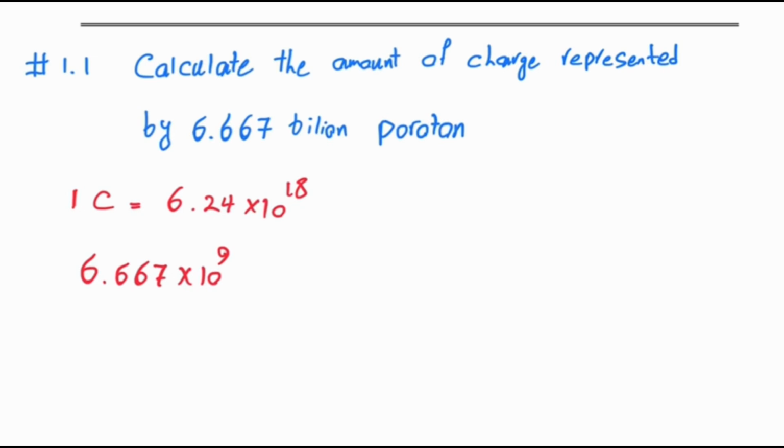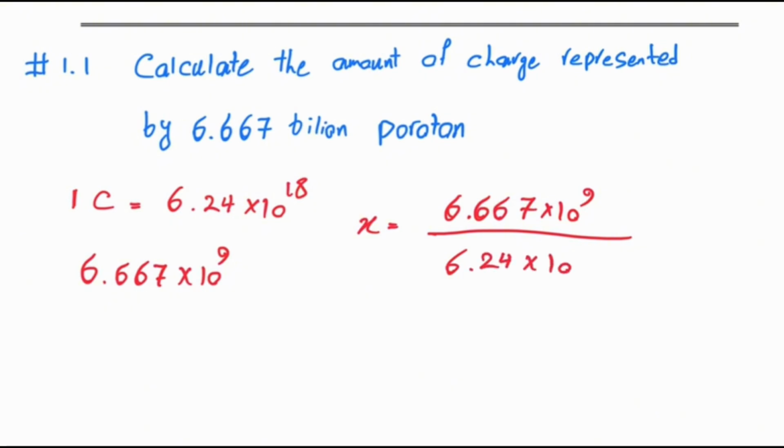Therefore, we can easily find x as the number of protons that we have over 6.24 times 10 to the power of 18, which is equal to 1.0681 times 10 to the power of minus 9 coulombs.